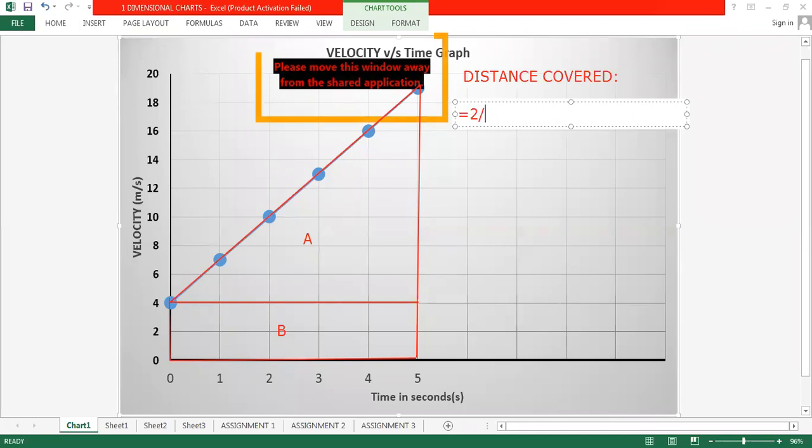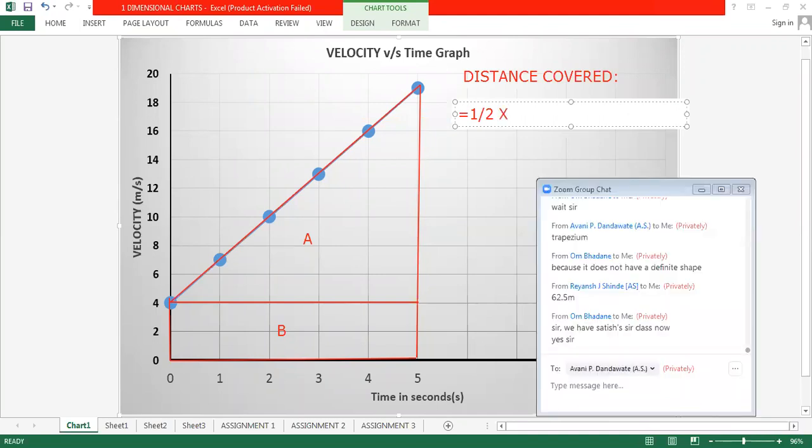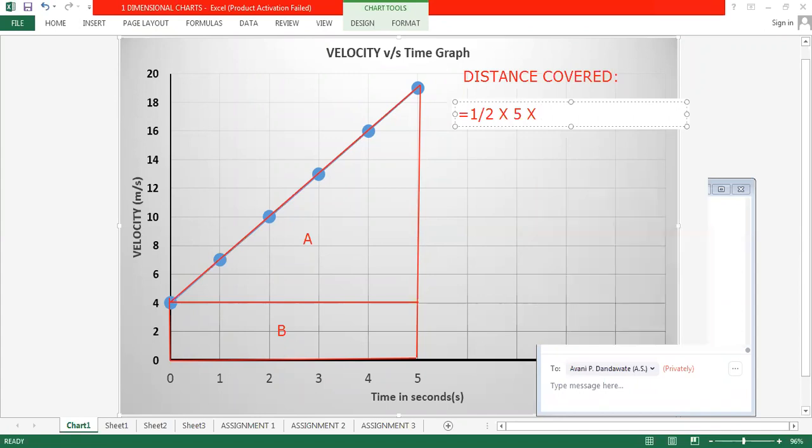What's the formula? Half into base into height. How much is the base? The base is 5. But just be very careful with the height. How much is the height? The height is not 19. The height is just 19 minus 4, which is 15 only, because we are not taking the height of the entire triangle.